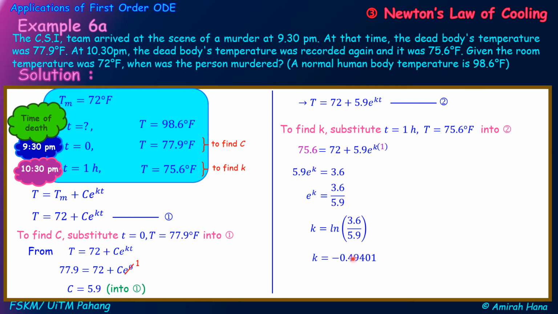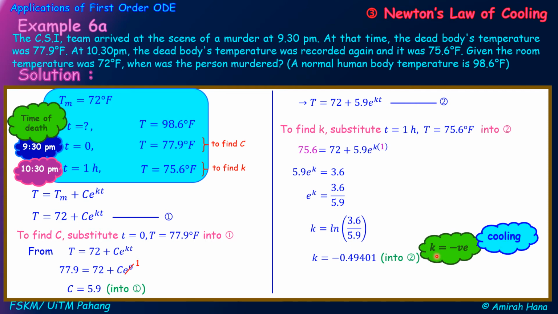Using a calculator, we will get negative 0.49401 up to 5 decimal places. And from here, we can substitute the value of K into equation 2. Before that, K is a negative value because K is the cooling constant. Cooling means the temperature will drop.